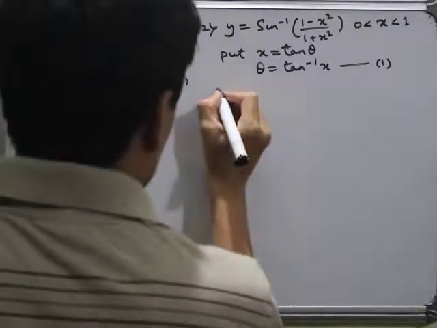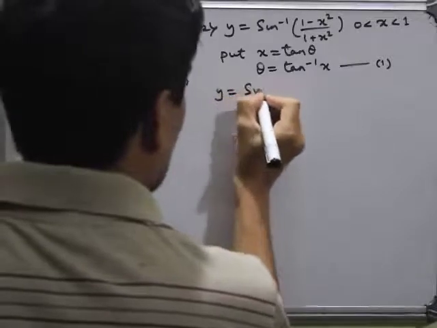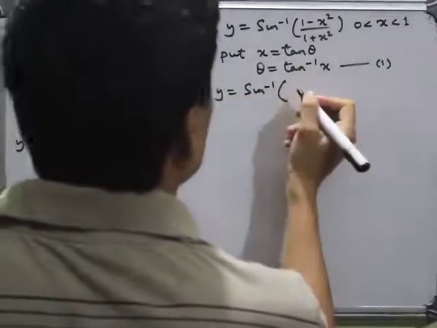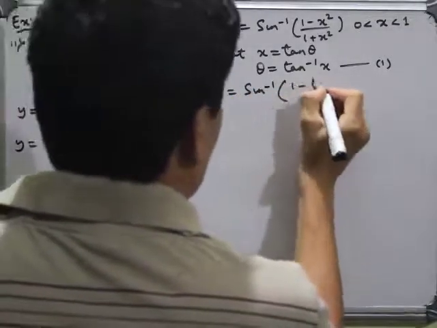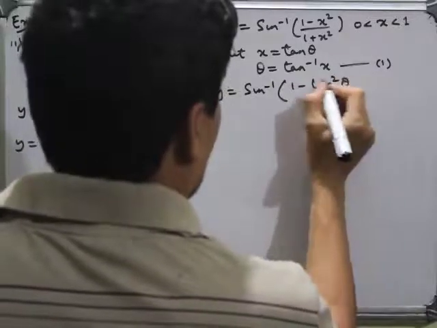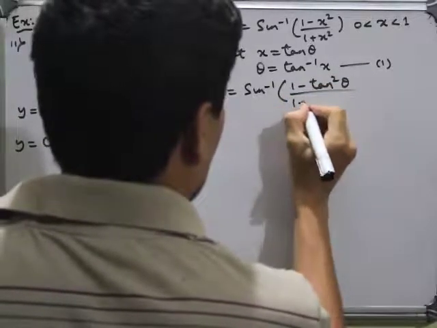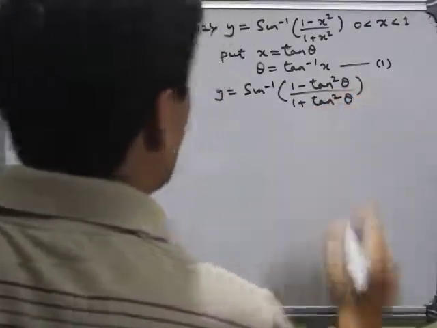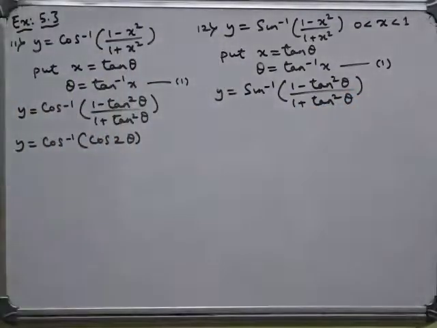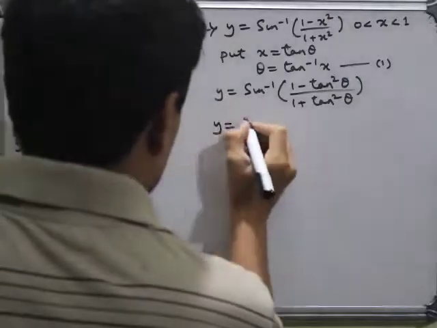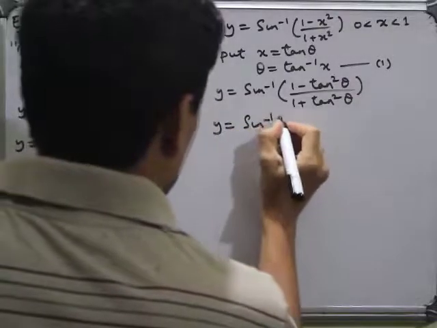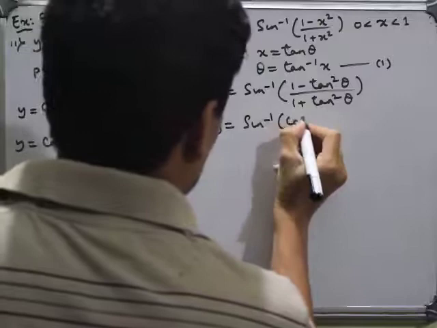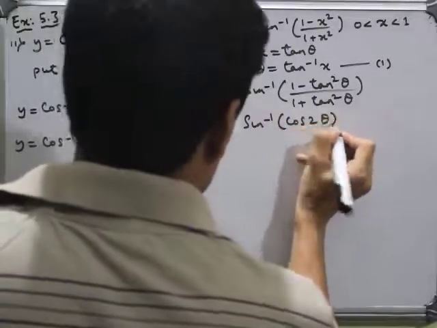Now let us substitute. y is equal to sine inverse of (1 minus tan square theta) divided by (1 plus tan square theta). So 1 minus tan square theta by 1 plus tan square theta is what? Cos 2 theta. y is equal to sine inverse of cos 2 theta.